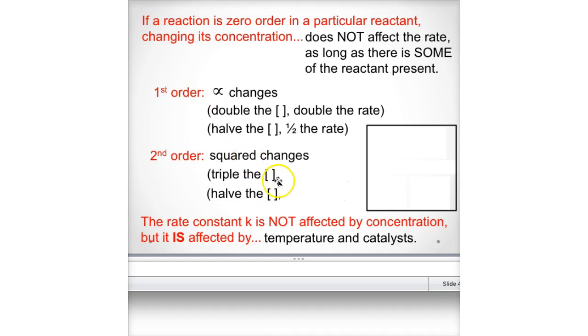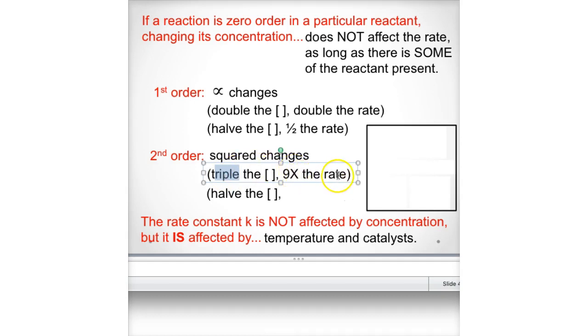However, let's say you triple the concentration and the rate happens to increase by 9-fold. Then that means that this tripling of the concentration is going to cause the rate to increase by 3 squared. So 3 squared is 9.